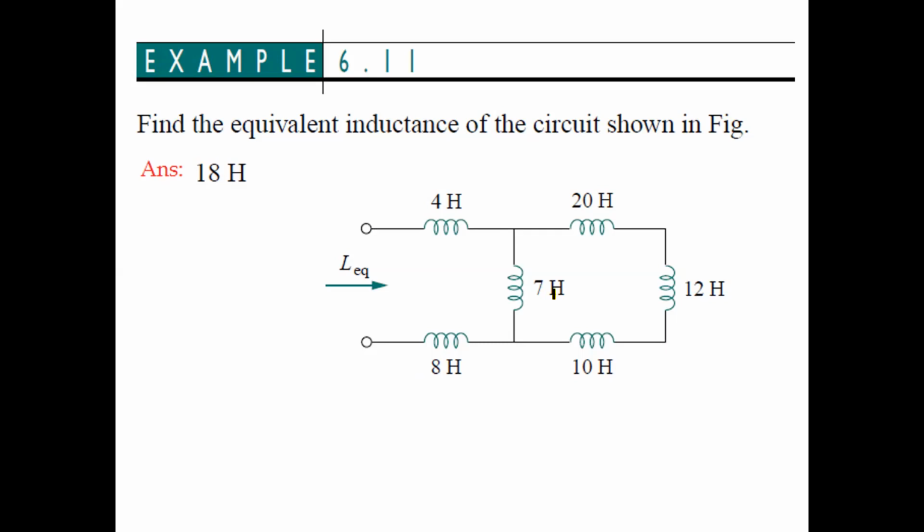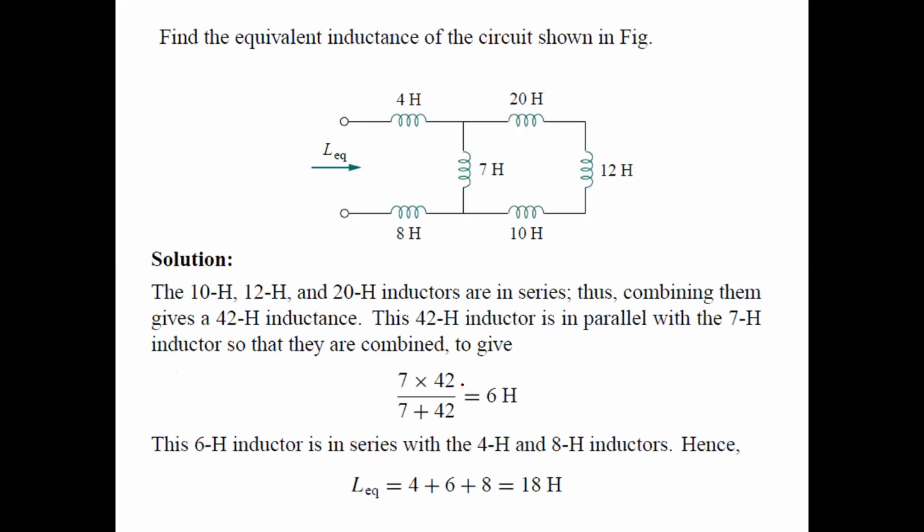So 7 and 44 in parallel will be 7 multiplied by 44 divided by 7 plus 44. And then 6 plus 8 plus 4. Very easy.